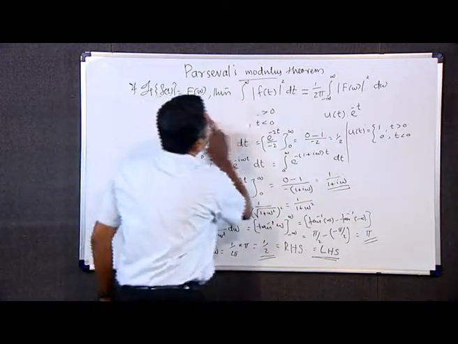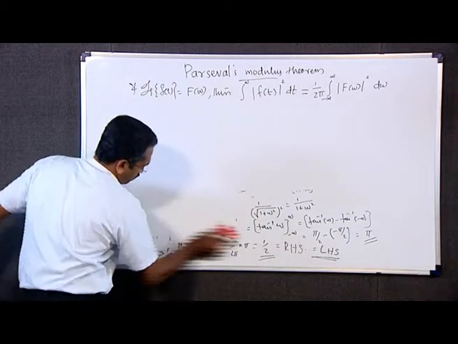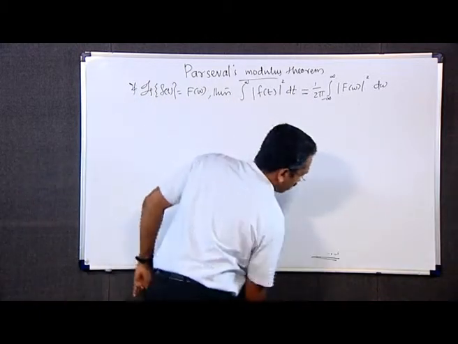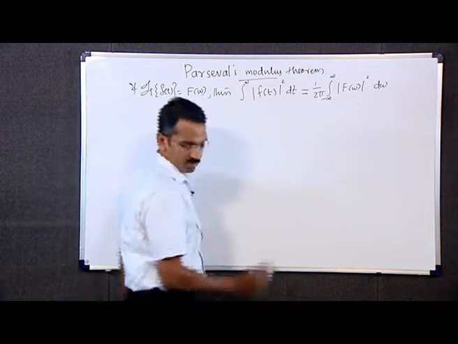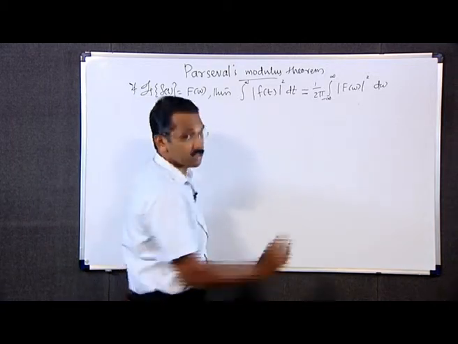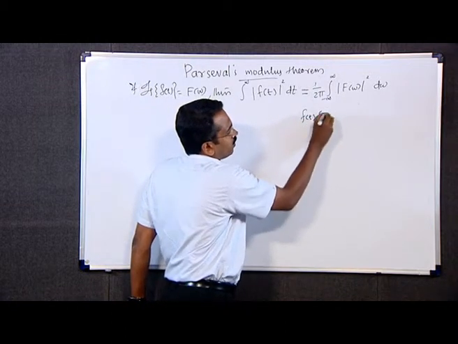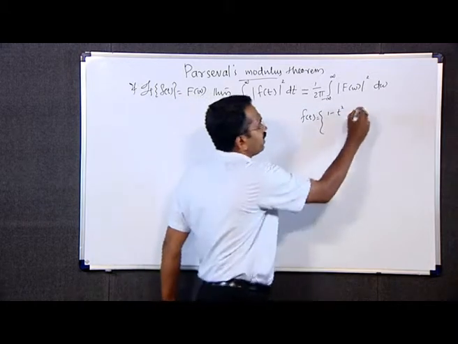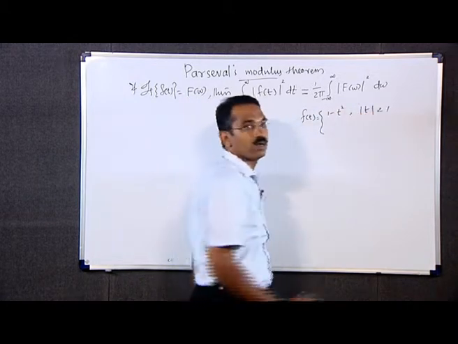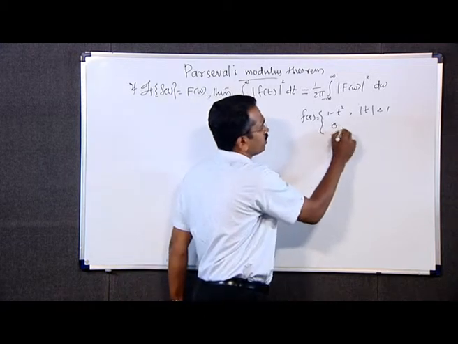Now, consider one more example. Find the Fourier transform of the given function f of t equal to 1 minus t square for mod t less than 1 and equal to 0 for mod t greater than 1.